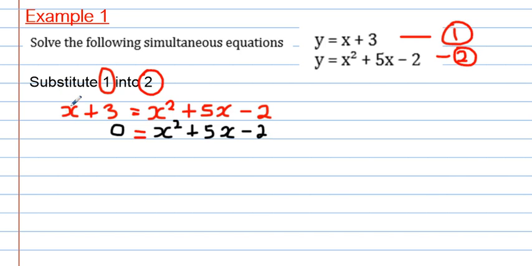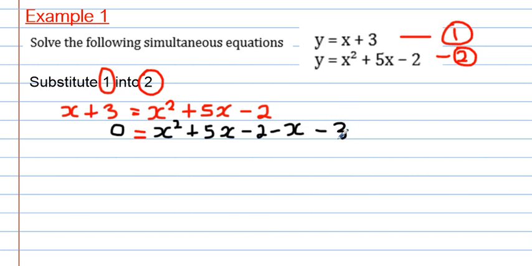Now we're going to move the x. The x is positive here, so we're going to move it to the other side. It will become minus x. And then the plus 3 will become minus 3.